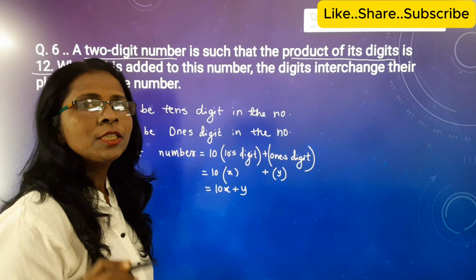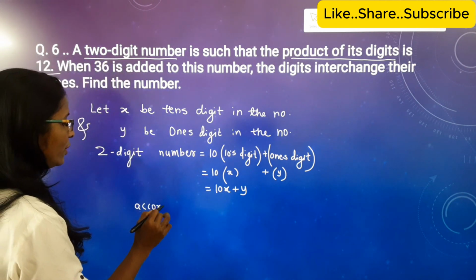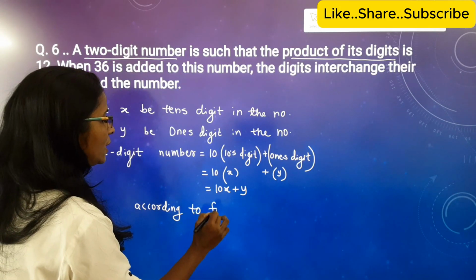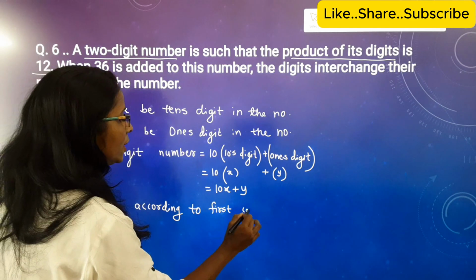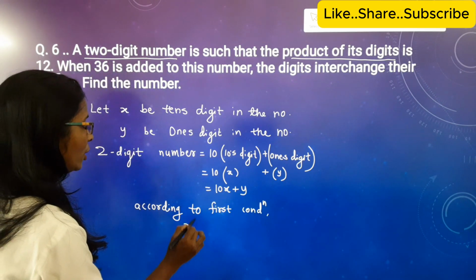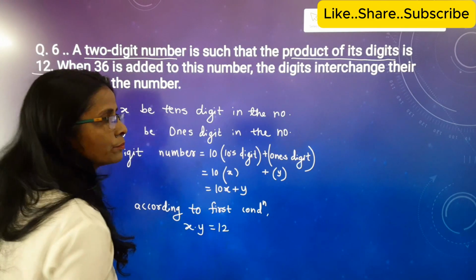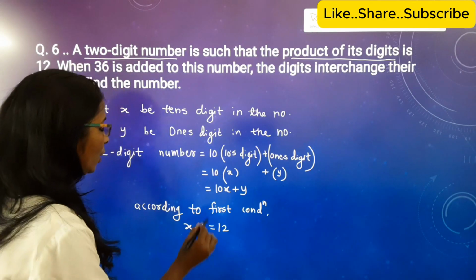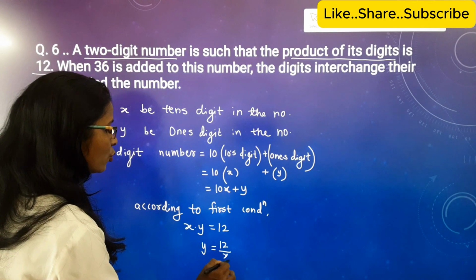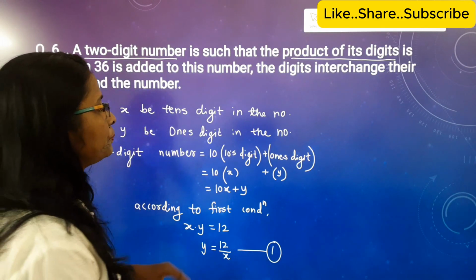So according to the first condition, we write the product of the two digits, that means xy is equal to 12. So we can say that y is equal to 12 upon x, students. Okay, call it the first equation.